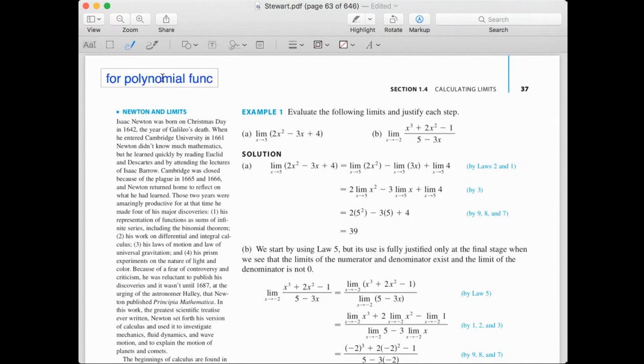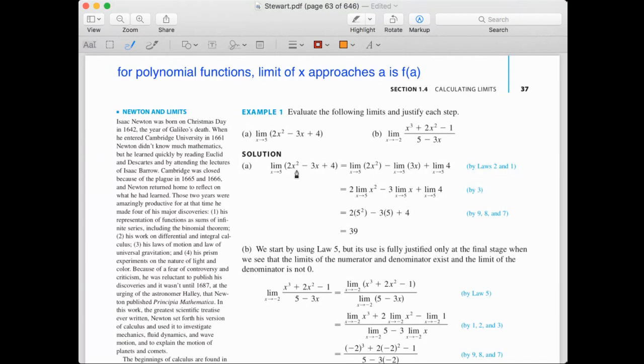For polynomial functions, the limit as x approaches a number, let's say a, is f of a. Right? So this is a quadratic function. It's a degree 2 polynomial function. The limit as x approaches a is just f of a. So in this case, the limit is just f of 5. Right? Just f of 5.